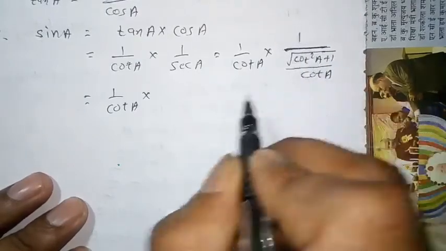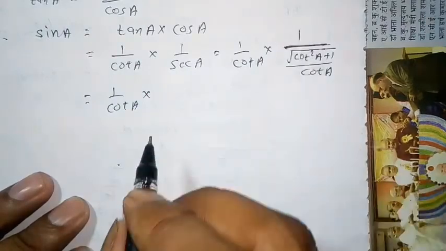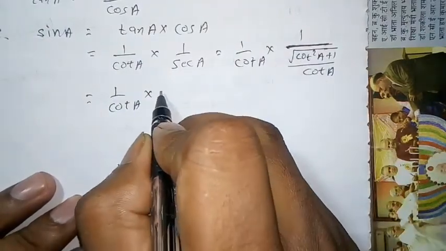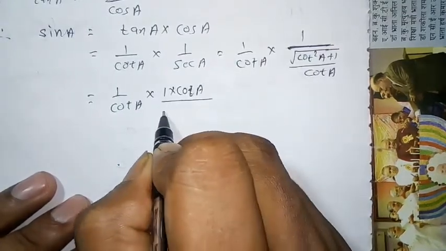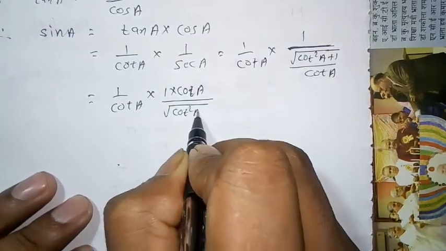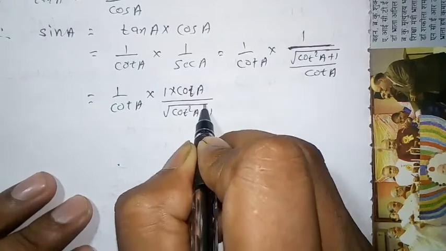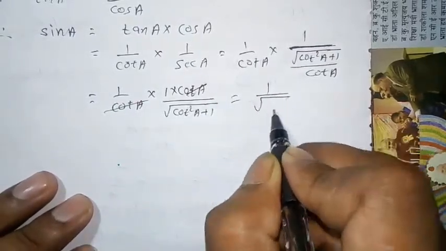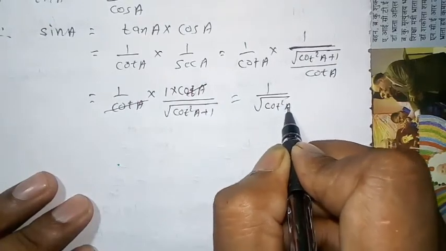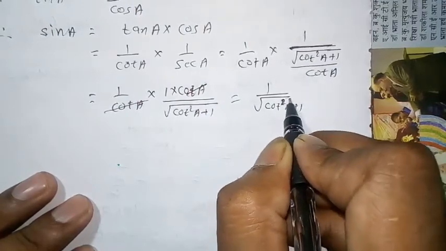Cot A goes to the place of numerator, 1 into cot A by root under cot square A plus 1. Cot A cancels, it is equal to 1 by root under cot square A plus 1.